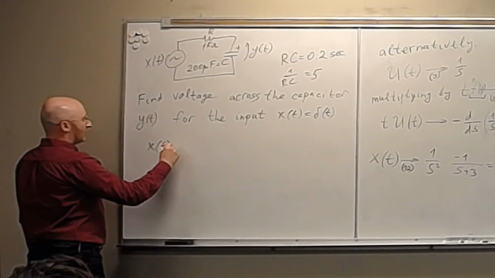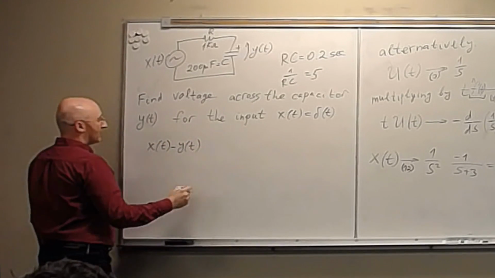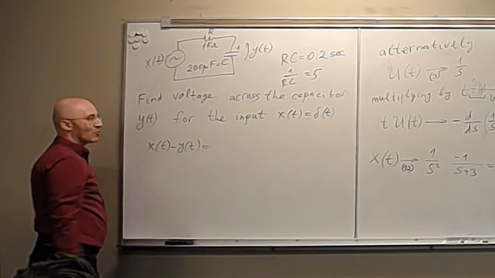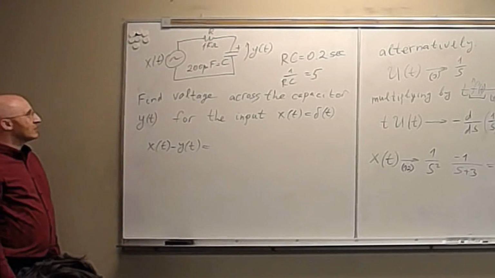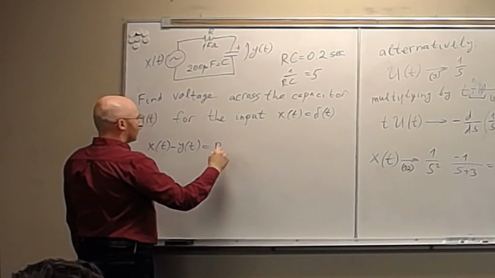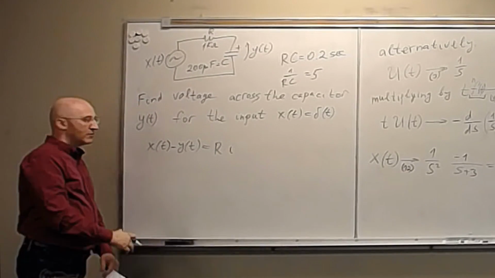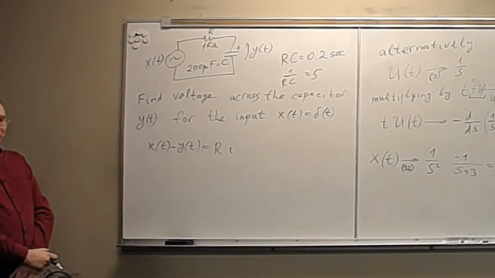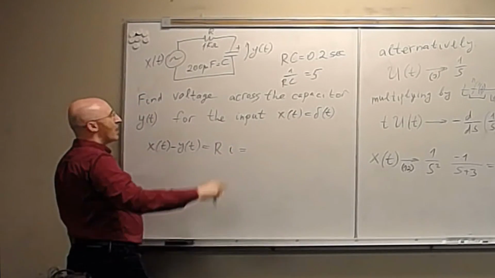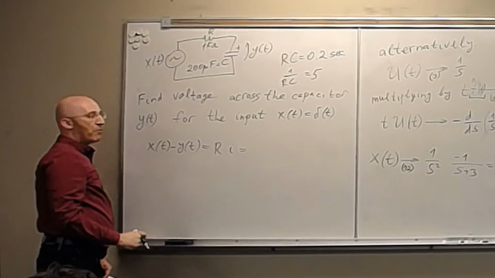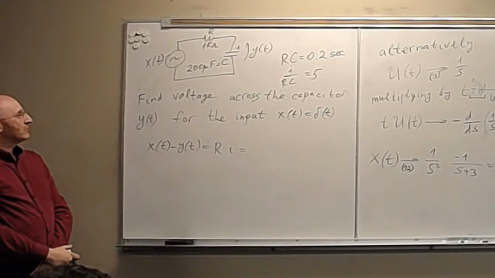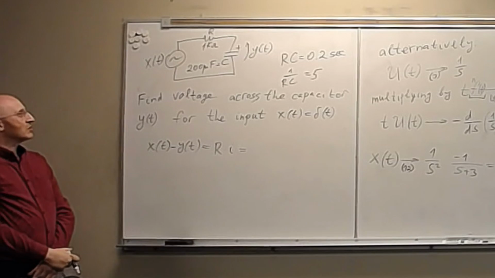x of t minus y of t, what is that? This is the voltage on the resistor, right? Now, what is the voltage on the resistor? This is basically R times I. Now, what is I? I is the current through the capacitor. What do you know about the current on the capacitor when the voltage on the capacitor is y of t?